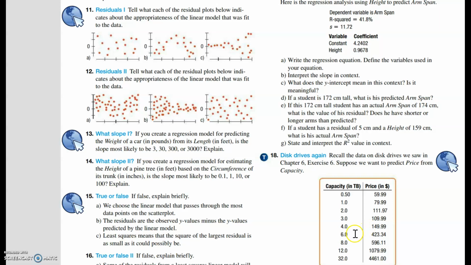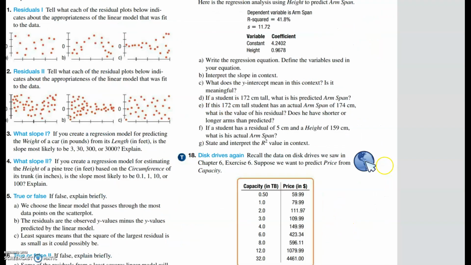But then you go from like 4 terabytes to 6 terabytes, the price goes up almost $300. And so you could say that on average, $100-something per terabyte seems like a reasonable approximation. Okay, so that's it for part B.